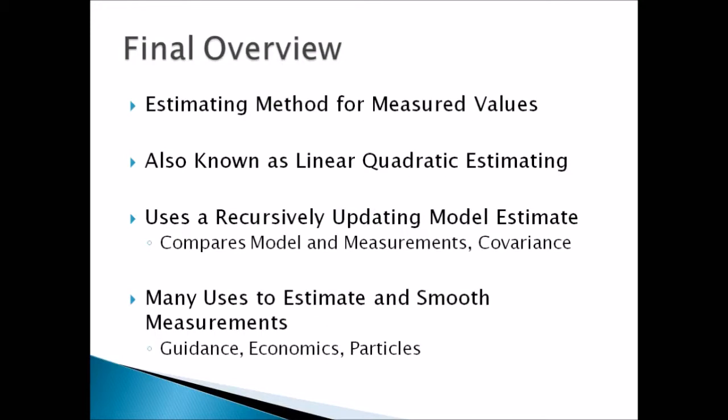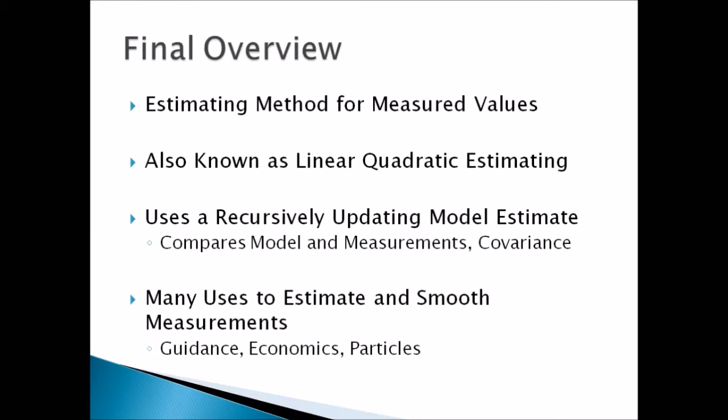Now, the point of this is to use a recursive updating model, which estimates whatever value you're trying to get. For instance, you might be after speeds, temperatures, what have you. You start with the initial model, and then as new estimates come in, you update that model based on the new values calculated by whatever sensor you're using, and then the model slowly starts to get better and better at producing these estimates.